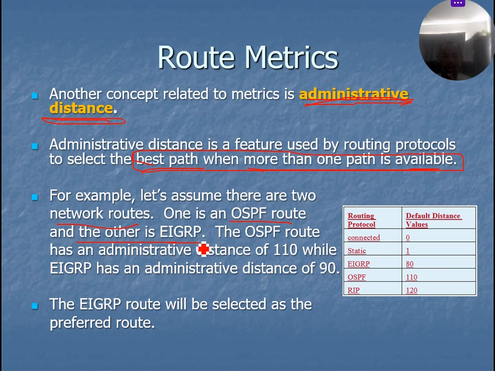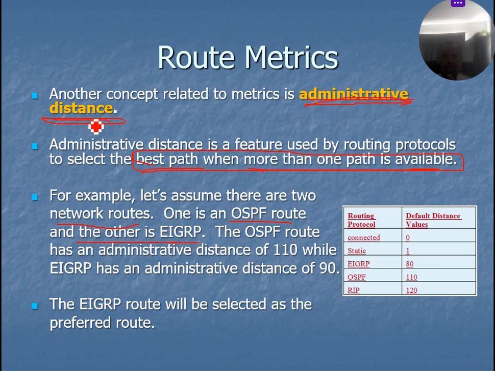A data packet has two paths to follow. Now, how do we know which path to follow?